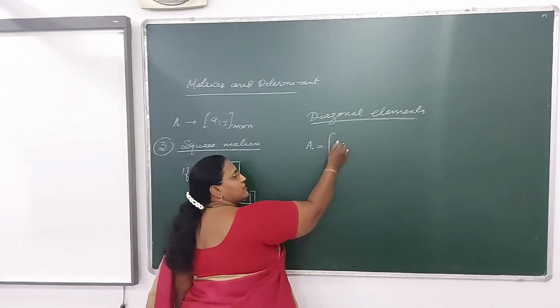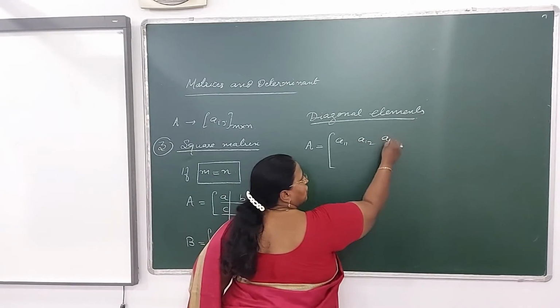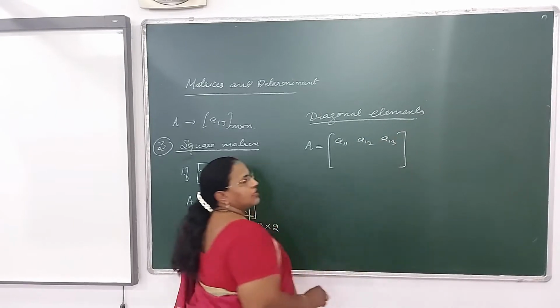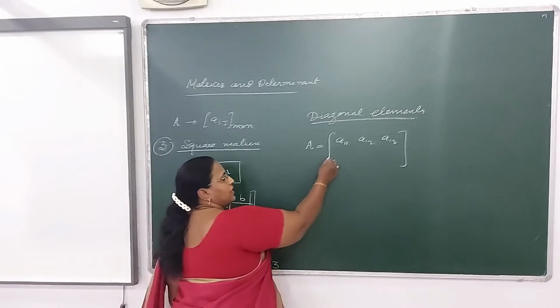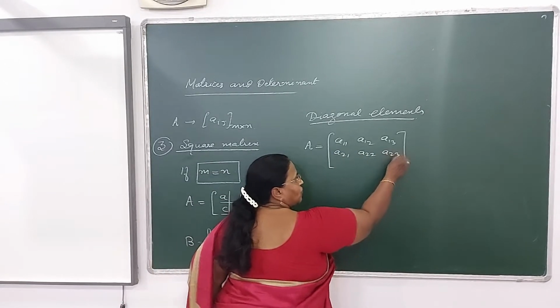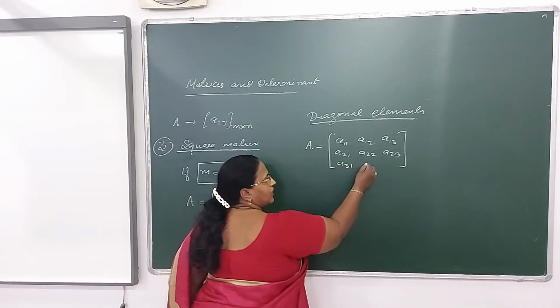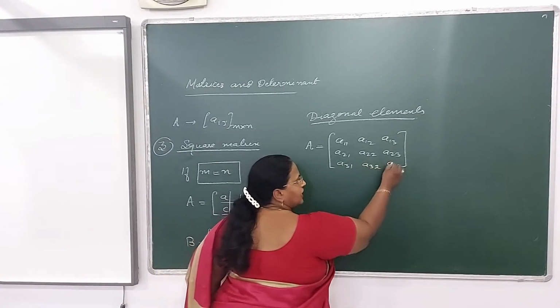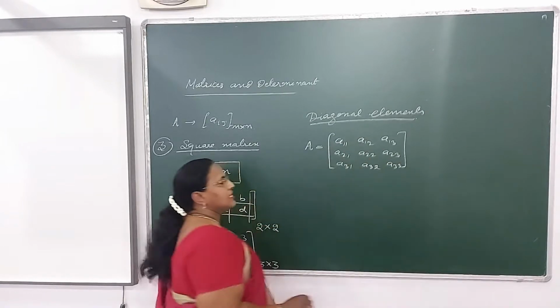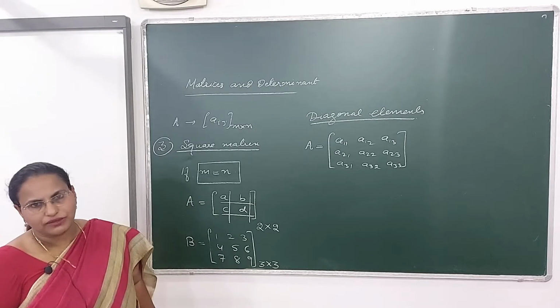Let us write down the rough structure of this. First row: a11, a12, a13. Second row: a21, a22, a23. Third row: a31, a32, a33. This is the rough structure of a square matrix of order 3.